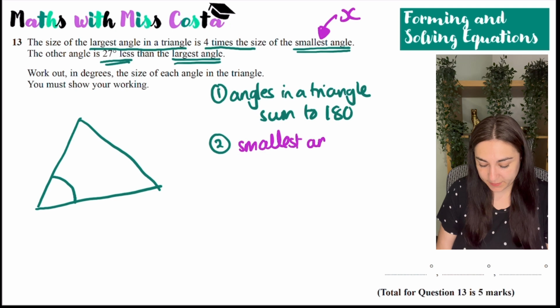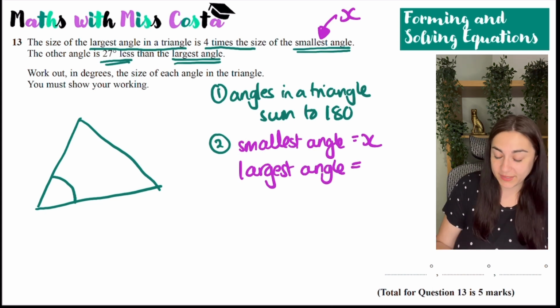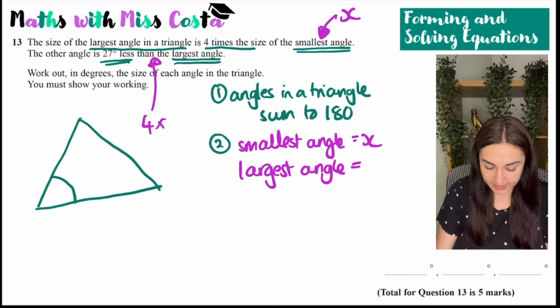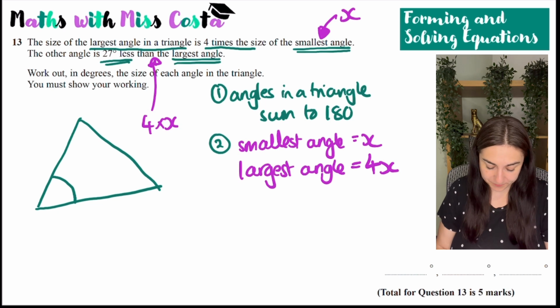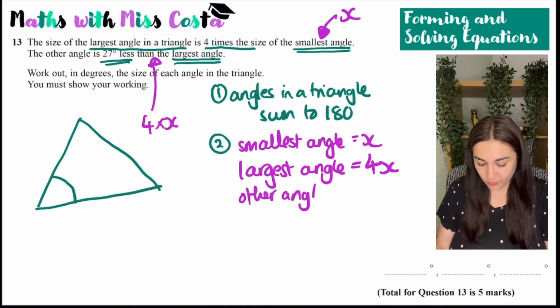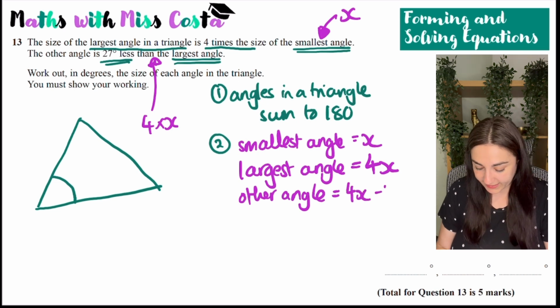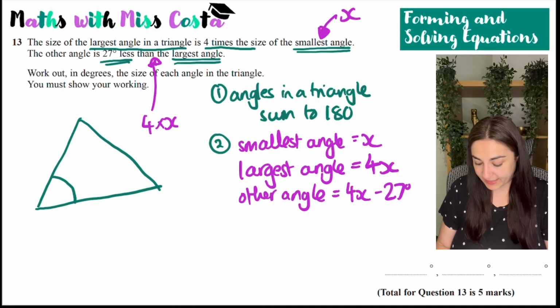So I can say that the smallest angle is X. Therefore, the largest angle is 4 times the size, so the largest angle is 4 times by X, so that would be 4X. And then I know that the other angle is 27 degrees less than the largest angle. So the largest angle is 4X and this angle is 27 degrees less than it.